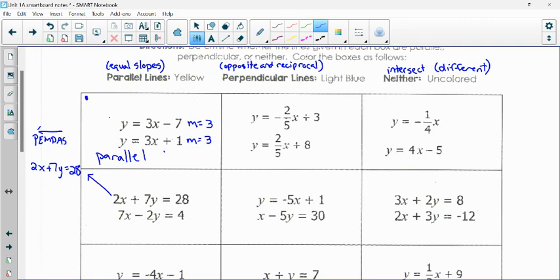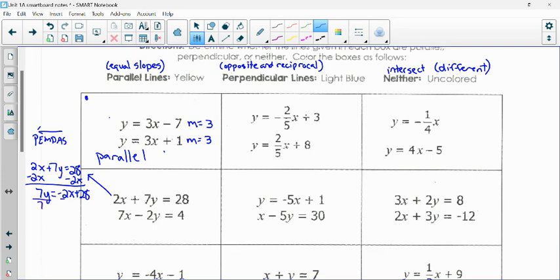So we're going to move that 2x to the other side, so we're going to subtract 2x. Remember, these are not like terms. So I'd have 7y equals, again, these are not like terms, so I always write the x first, negative 2x plus the 28.